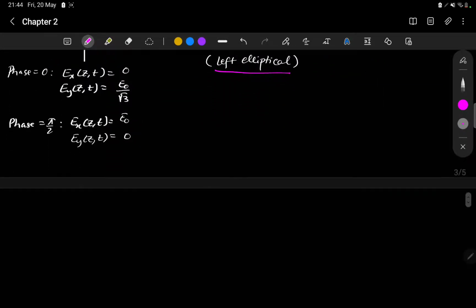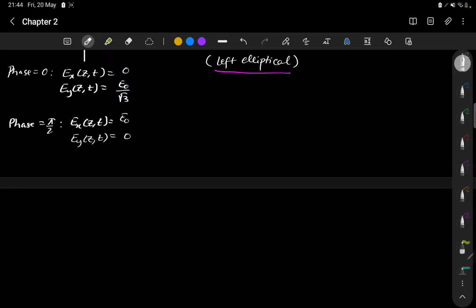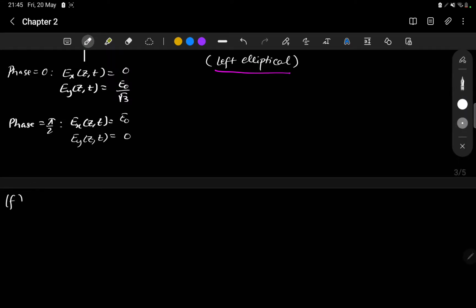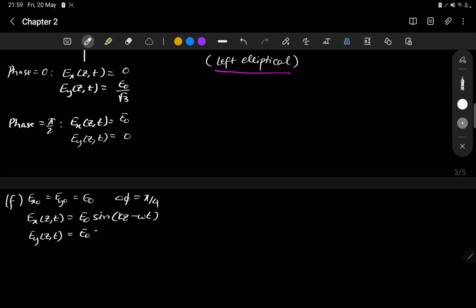Finally, we have the last part. So here the expressions for the electric fields would be as follows.